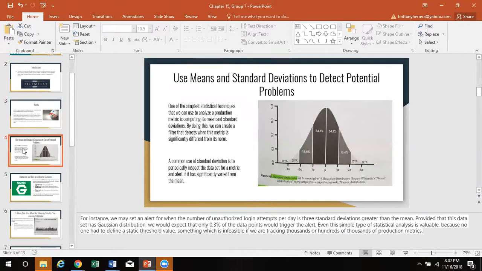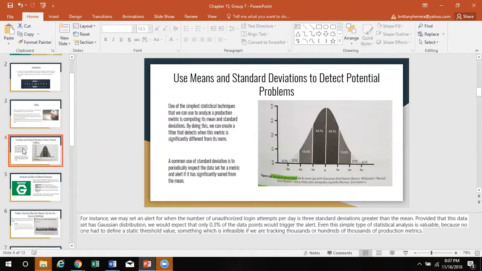We can use means and standard deviations to detect potential problems. For instance, we might set an alert for when the number of unauthorized login attempts per day is 3 standard deviations greater than the mean. Provided that this data has a Gaussian distribution, we would expect that 0.3% of the data points would trigger the alert.